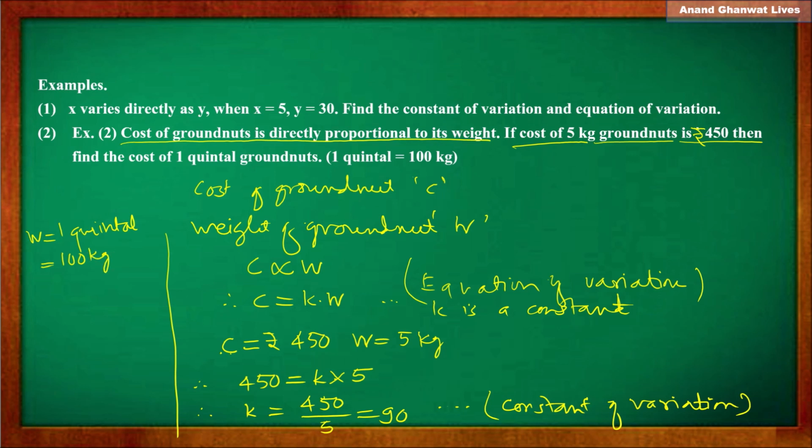Now the equation of variation is C is equal to K into W. Therefore C is equal to K, that is 90, into W, that is 100. Therefore, C is equal to rupees 9,000. So the cost of 1 quintal groundnut is rupees 9,000.